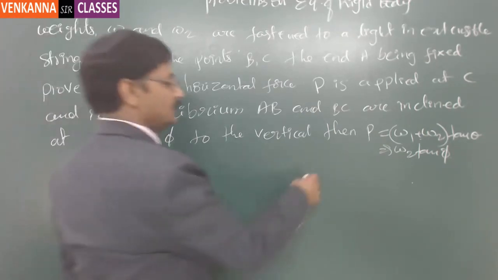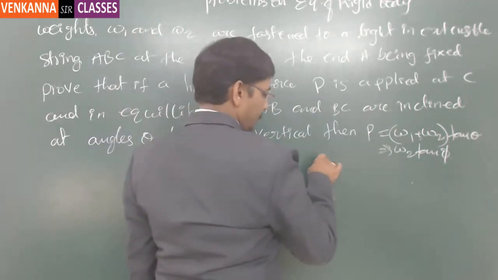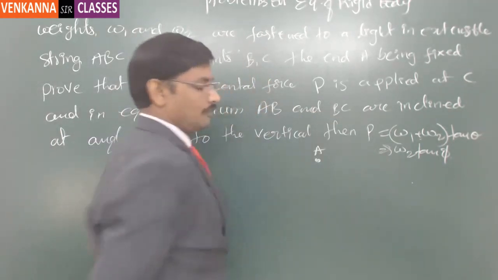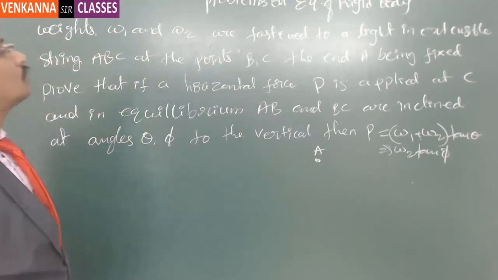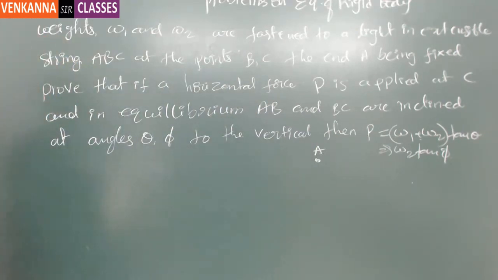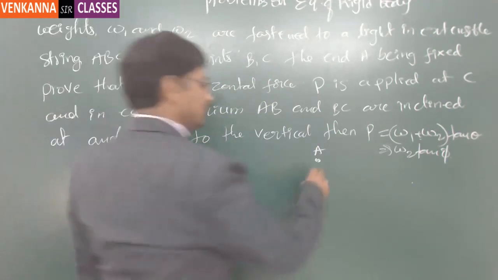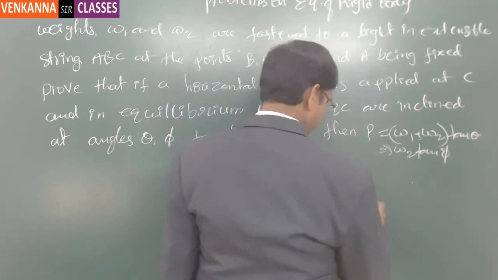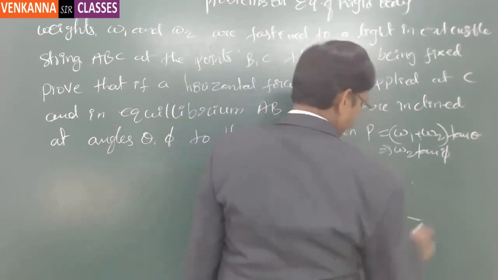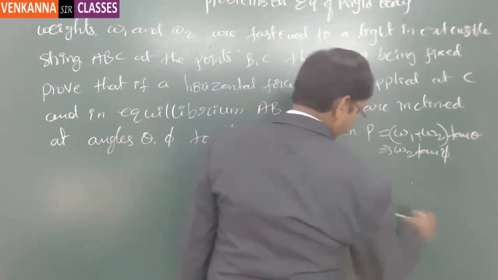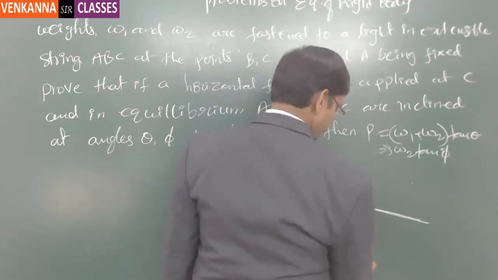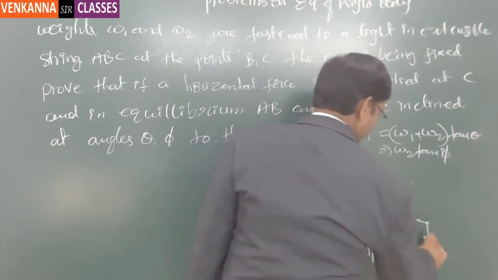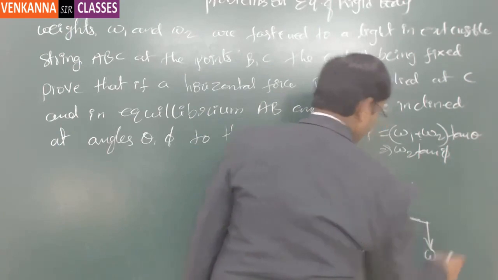That means there is one particular point A where this string is fixed, and there are two different weights attached to this string, at B and C. Like this, here one weight W1 and here another weight W2 are acting.